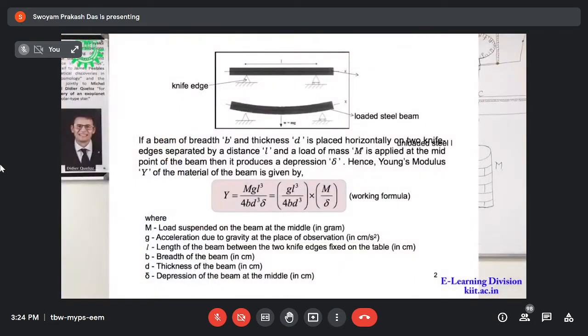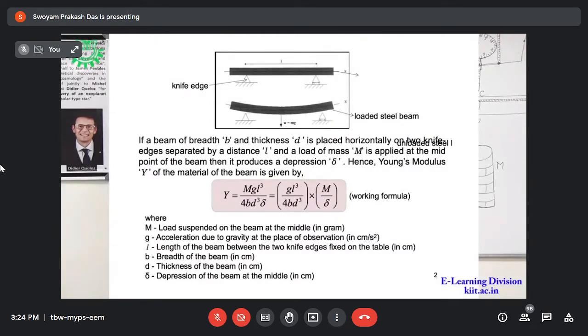Young's modulus of the beam becomes Y = mgL³/(4bd³δ), that is, mgL³ divided by 4bd³, multiplied by m by delta, which can be found from a graph.